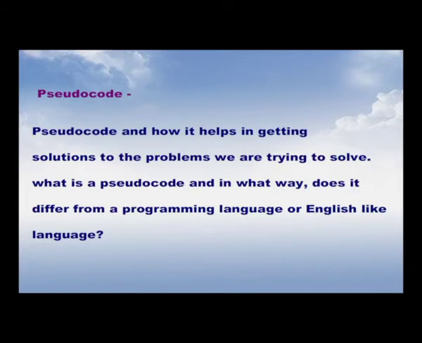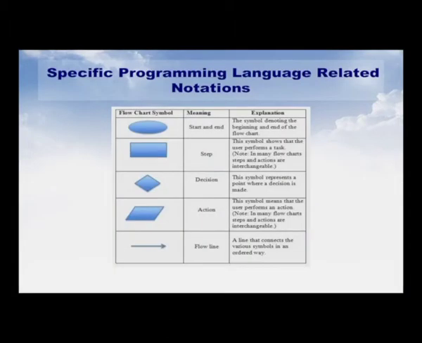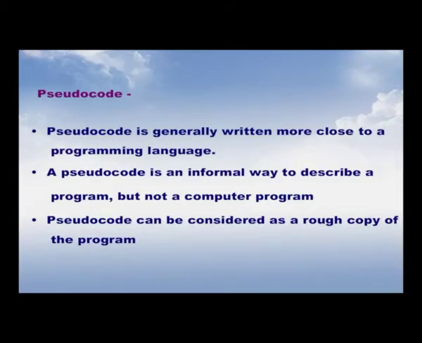So, what is pseudocode and in what way does it differ from a programming language or English-like language? Pseudocode is generally written closer to a programming language. A pseudocode is an informal way of describing a program, but not a computer program.